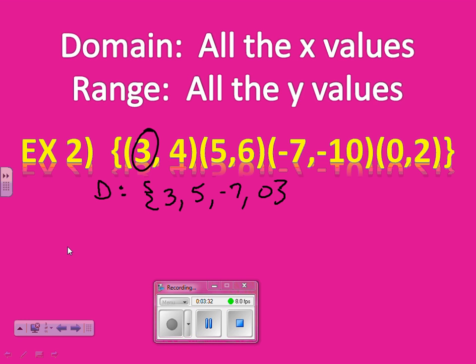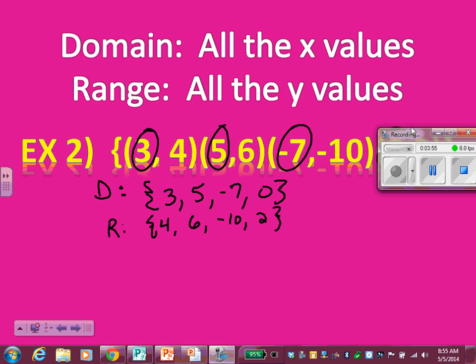This is an x, this is an x, this is an x, and this is an x. Everybody agree? Okay, so what would the range be? Everything else. So tell me what to write. 4, 6, -10, and 2. Okay? Any questions on that?